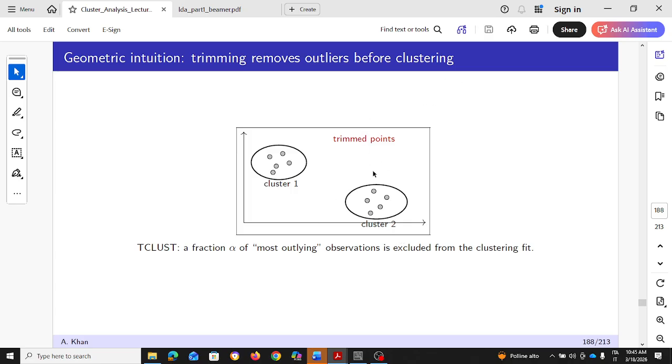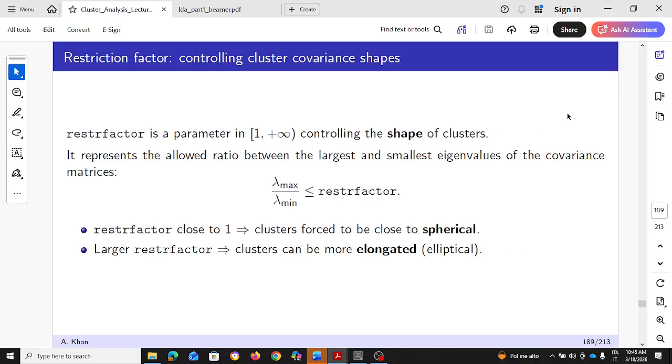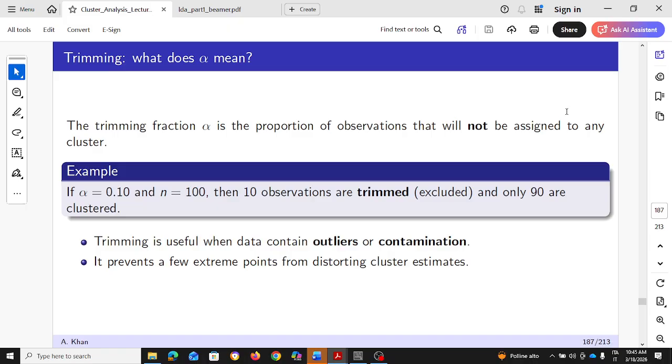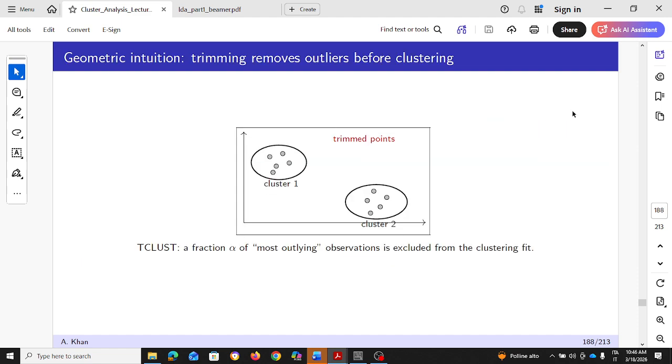And if we trim those, we can have these kind of clear, clean, solid structure clusters. It depends on you. You can choose 0.05, 0.01, 0.10, but usually we choose 0.10.